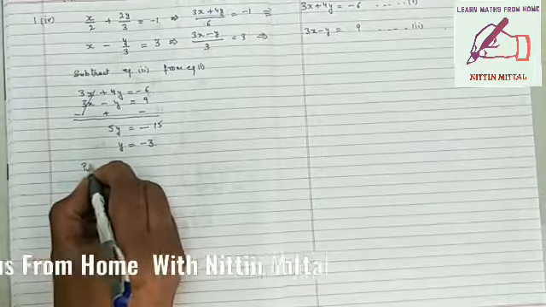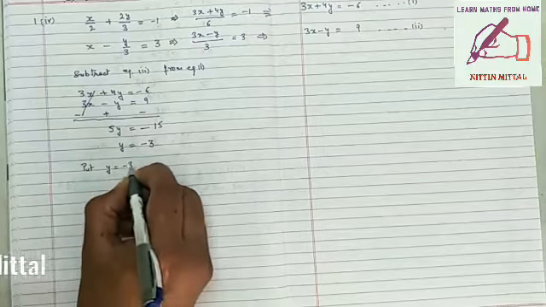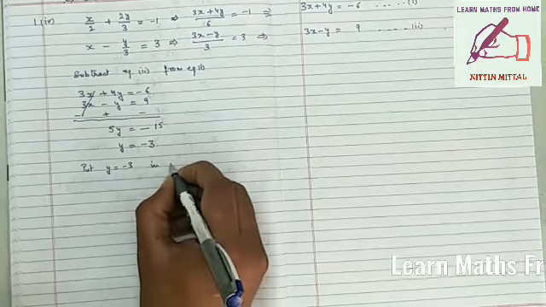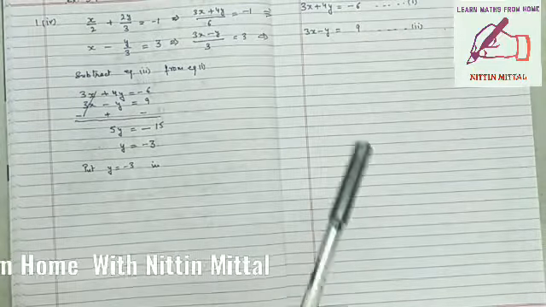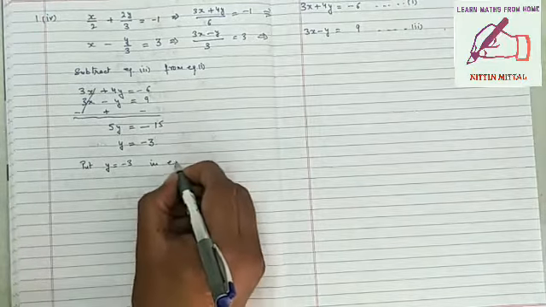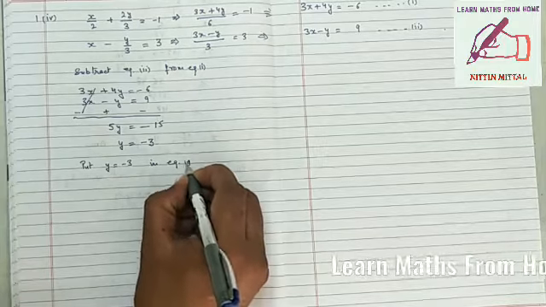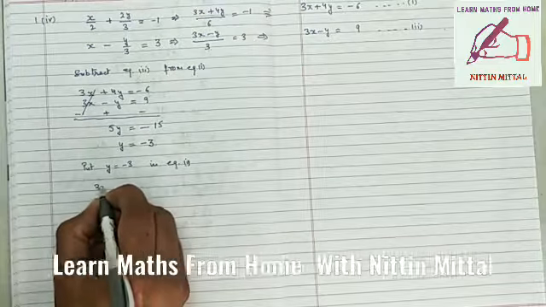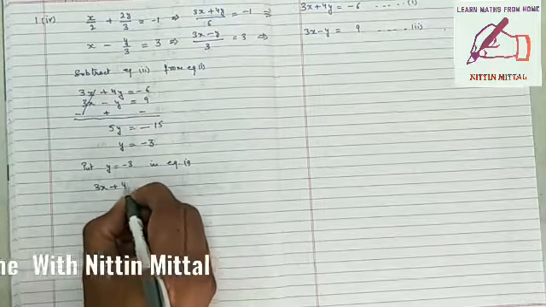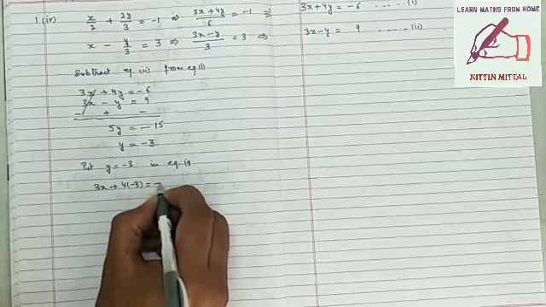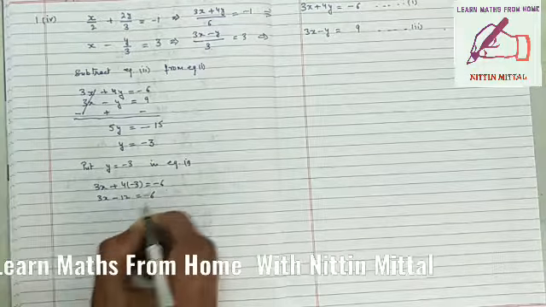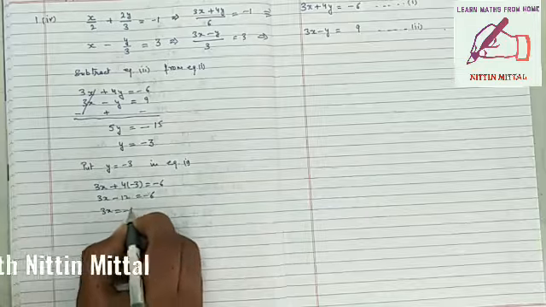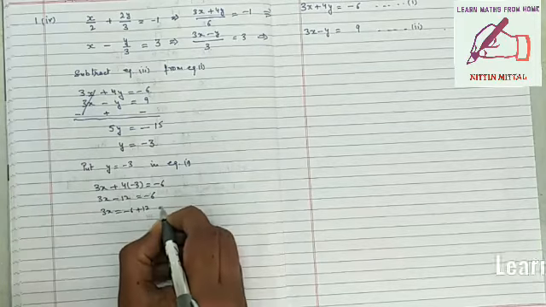Now we will put this value of y, minus 3, in any one of the equation. You can put y value in this or this side, it's up to you. I am putting in equation 1. So it is 3x plus 4 into minus 3 equal to minus 6. 3x minus 12 equal to minus 6. 3x is equal to minus 6 plus 12, that is 6.